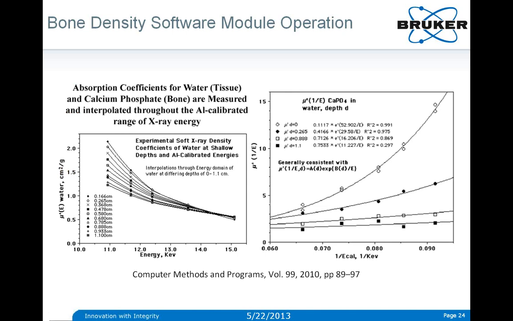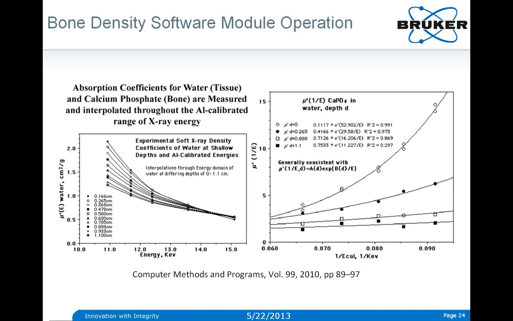We referenced earlier the original report on the bone density software module algorithms. This was reported in Computer Methods and Programs. A component of the algorithm includes a density coefficient that was empirically obtained by imaging different hydroxyapatite concentrations in different depths of water.